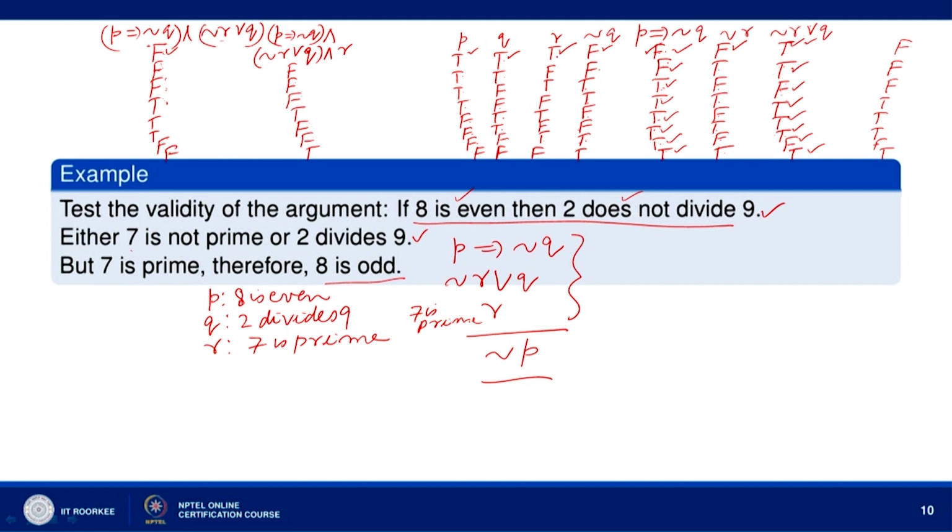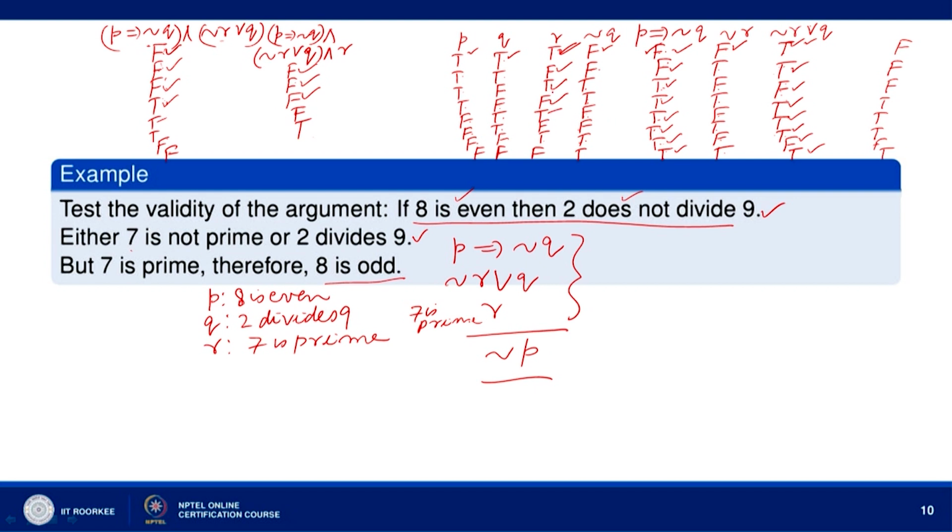Okay. So, let us combine this with R. Okay. So, F T is F, then F F is F, then T F is F, then F T is F, F T is F. So, this is F. Okay. Now, we have T T, T T is T. Okay.